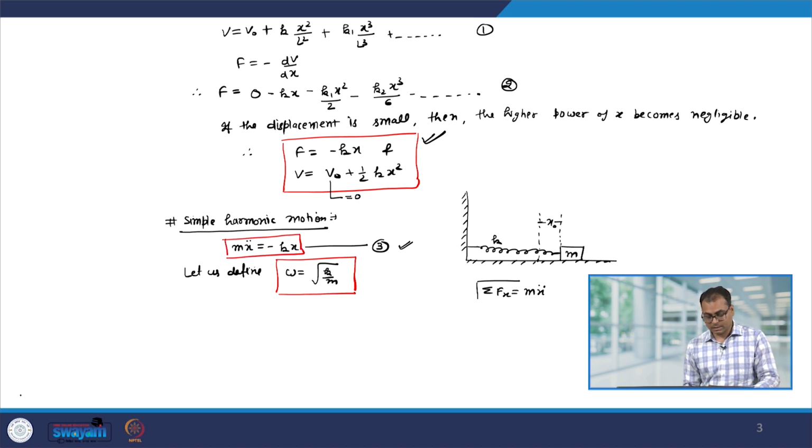So, in that case the equation of motion becomes x double dot equal to minus k by m, that is omega square, into x.